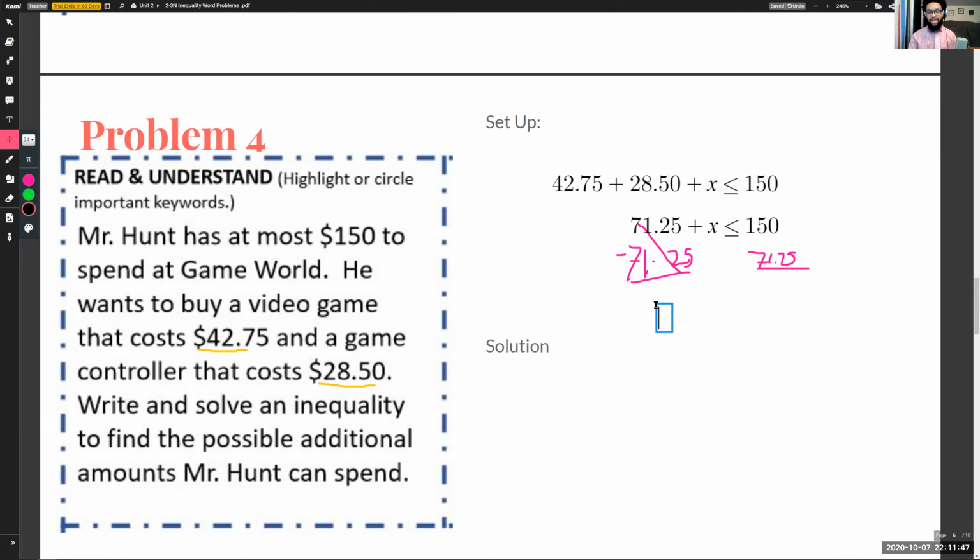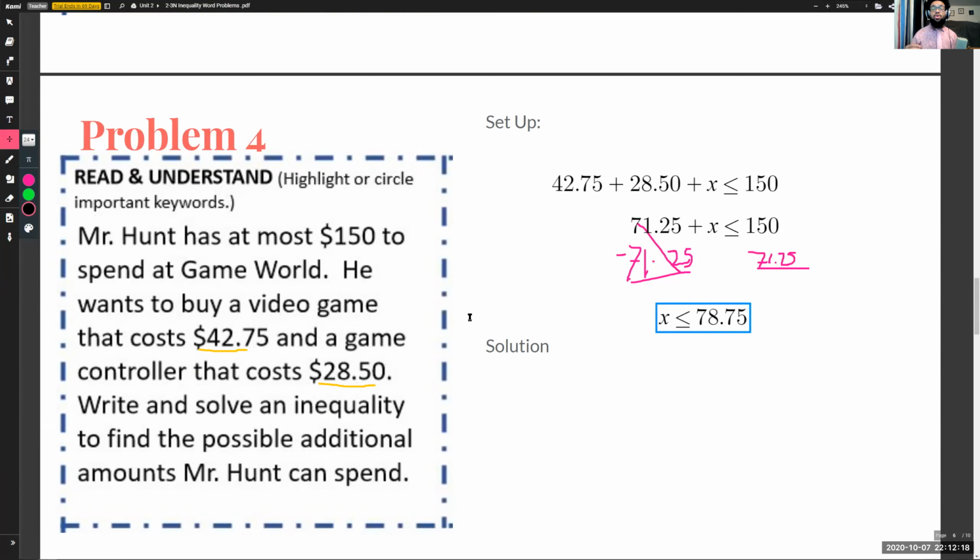And now I have x is less than or equal to 150 minus 71.25, which is going to give me 78.75. So Mr. Hunt has that much more money to spend anywhere in the store, okay?